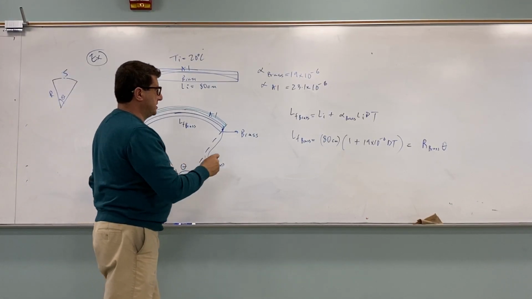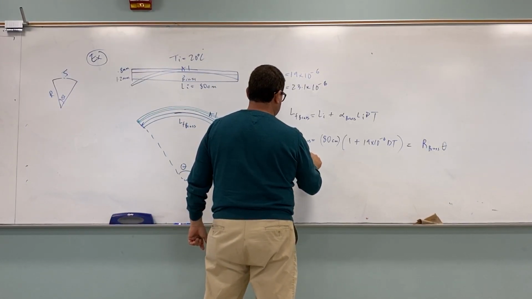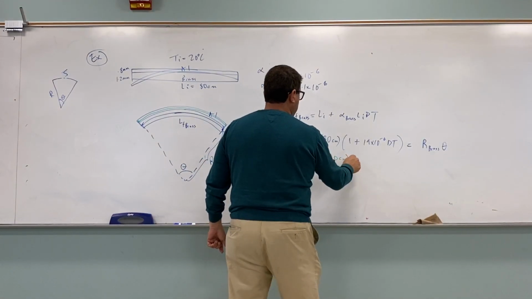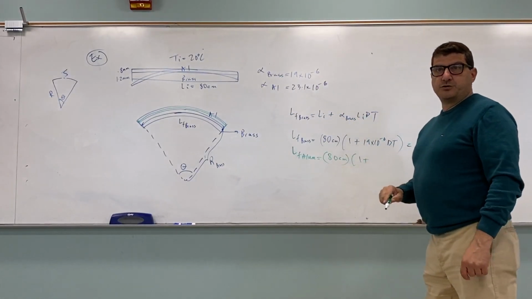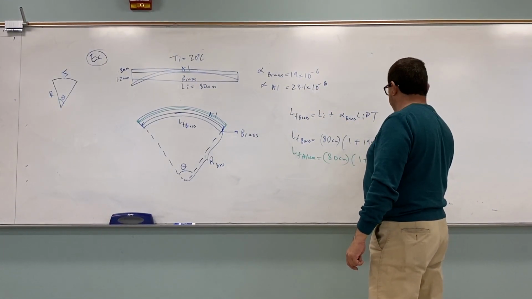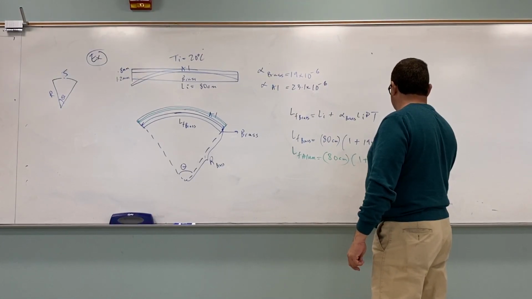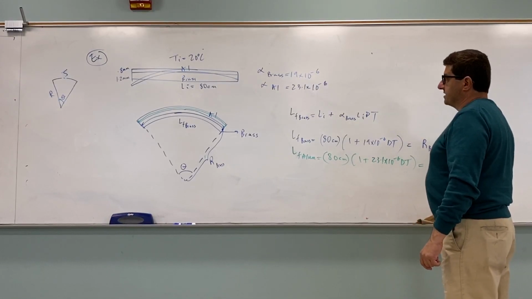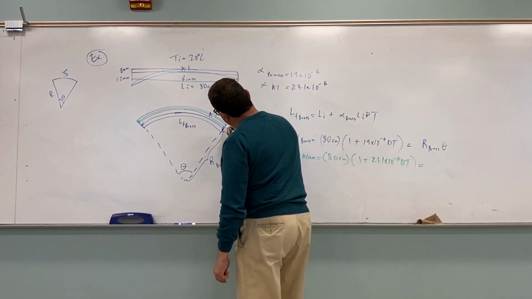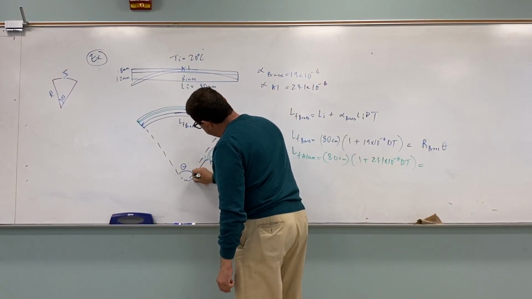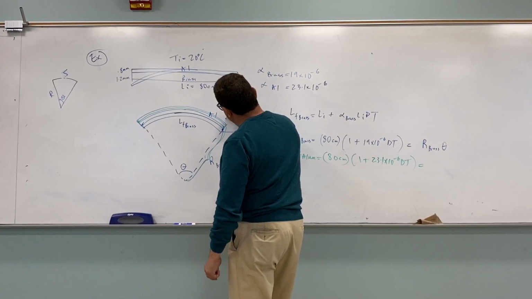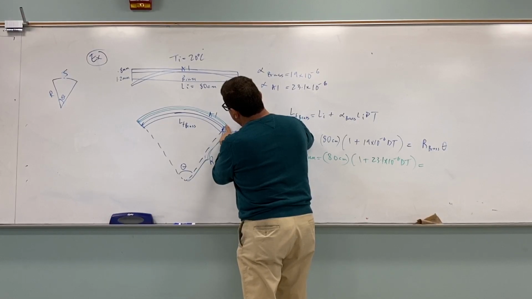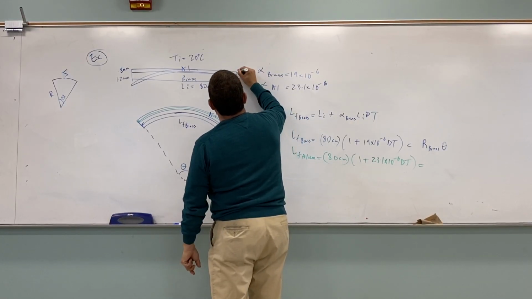So it's gonna be LF aluminum, 80, 1 plus the alpha of the aluminum, right? 23.1 times 10 to the minus 6 delta T. So what is that gonna be? Well, that's gonna be from here to here. And so from the middle of this to the middle of that is what? So basically from the middle here to the middle there.